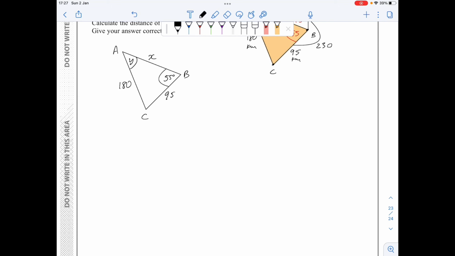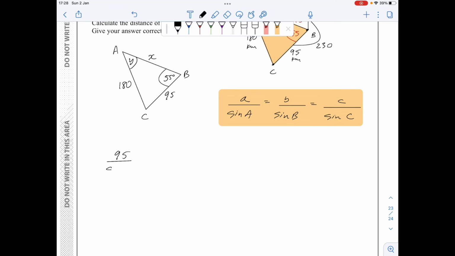So using the sine rule, we have 95 over sine A equals 180 over sine 55, which means that sine of A is 95 times sine of 55 over 180. So angle A, which is the same as angle Y, is inverse sine of that fraction above.